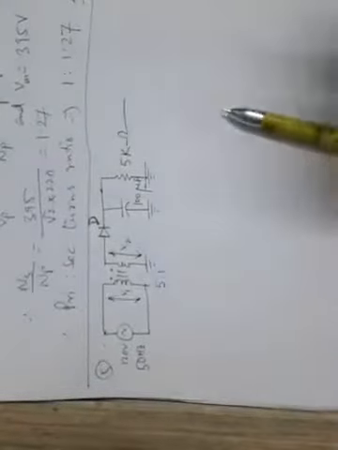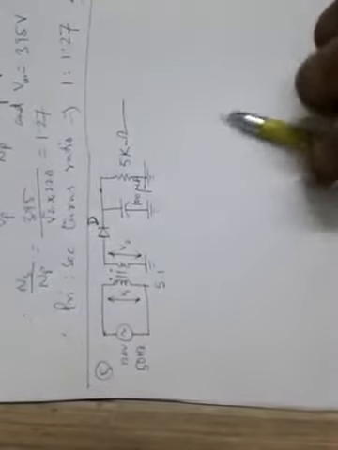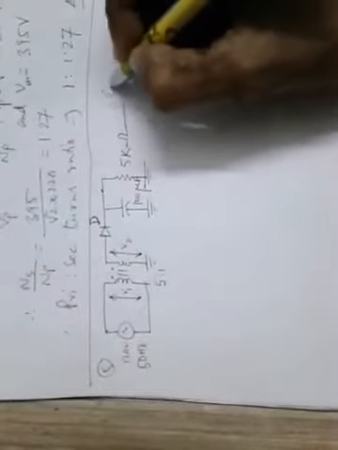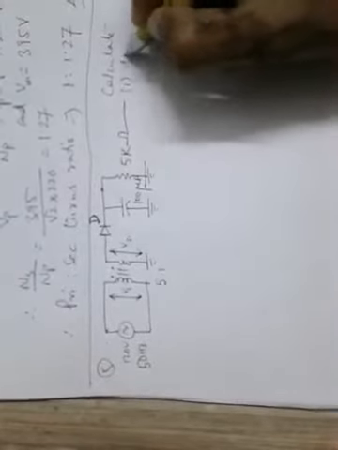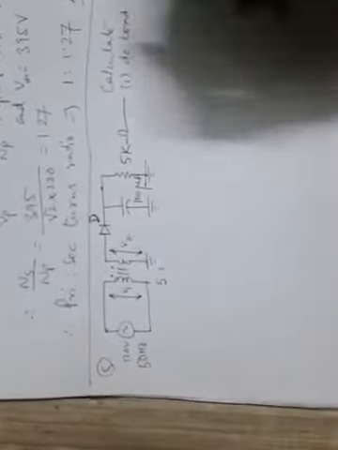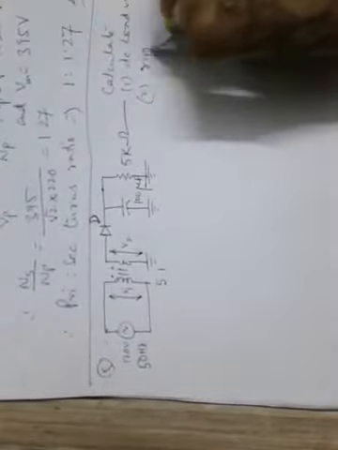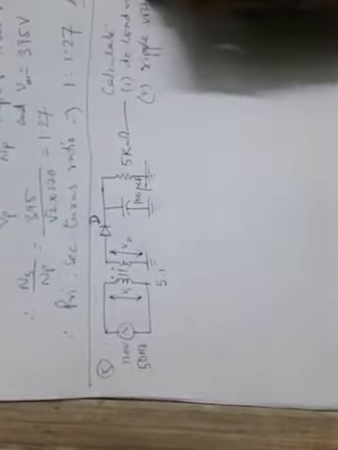Given this circuit, you need to calculate the DC load voltage and the peak to peak ripple voltage, that is the AC ripple voltage peak to peak.